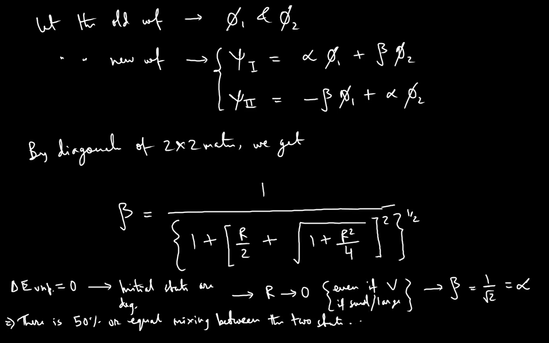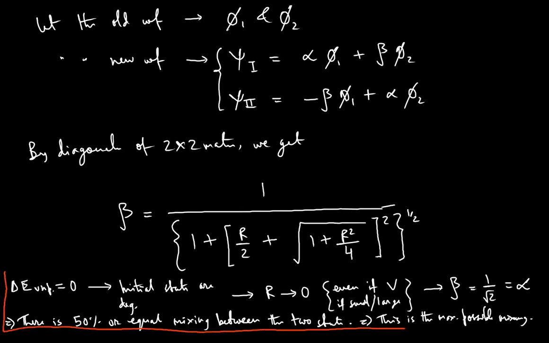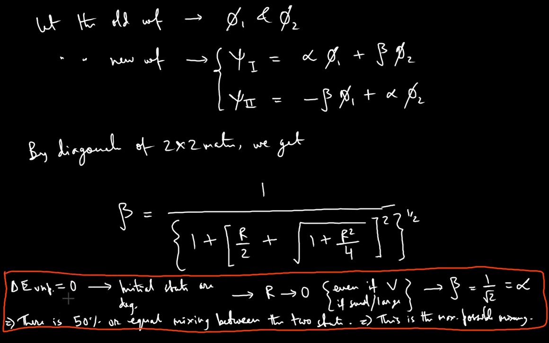And this is, in fact, the maximum possible mixing. So we have successfully considered both the unperturbed case not equal to 0 and this case as well. And you see the importance of considering the energy eigenvalues. So we have successfully obtained this result, right?